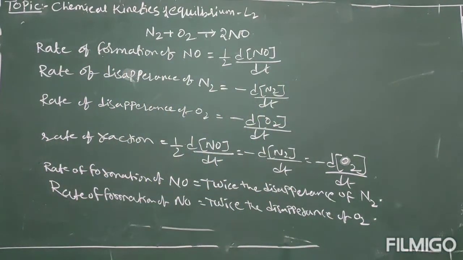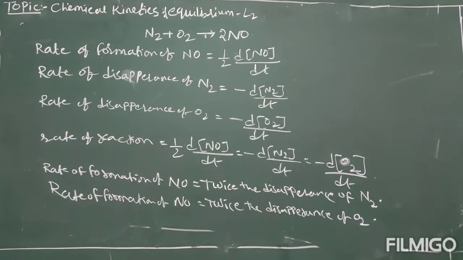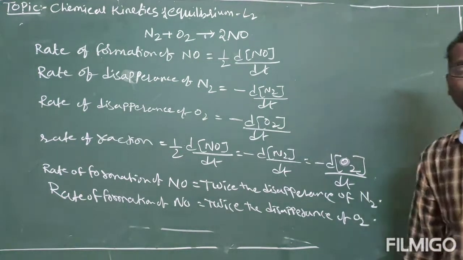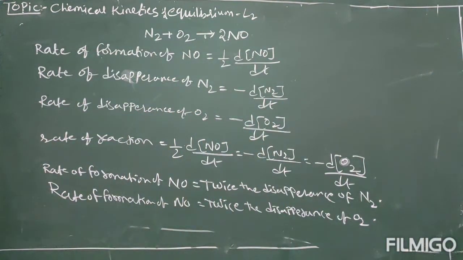Okay, that is the major relation between the rate of formation and the rate of disappearance for the given equation. So first you have to check whether it is a balanced equation or not. Always, disappearance goes with reactants and formation goes with products. That you have to check. If you are able to manage that, almost everything is clear to you. So you try one more. I will give you one more so that you will get practice.